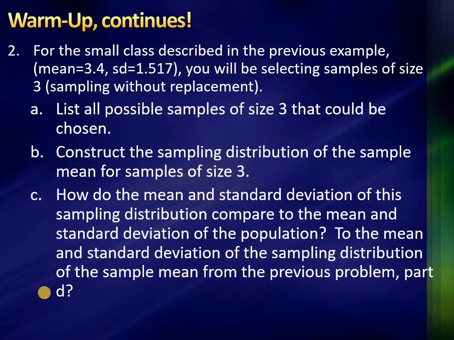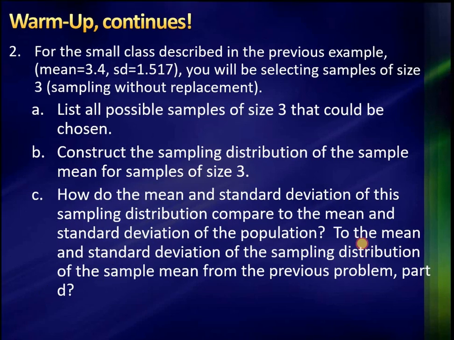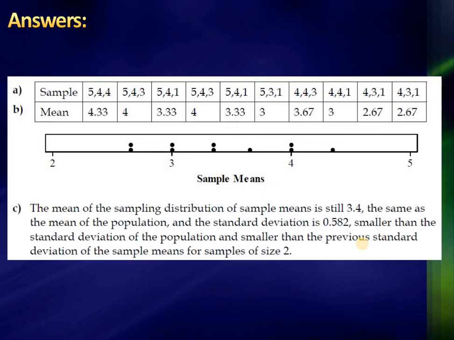So problem number 2 was asking us to do the exact same thing over again. So we still have my total class average of 3.4 and standard deviation of 1.517. But it's saying if I go up to a sample of size 3, what happens? So here are all of your samples of size 3, just like I had listed on the board.